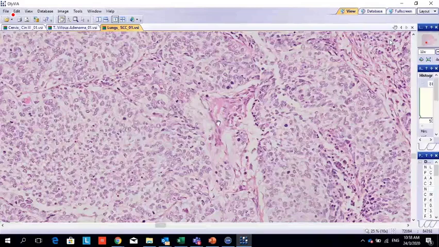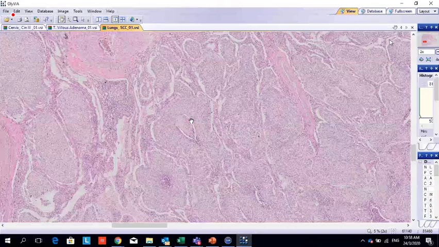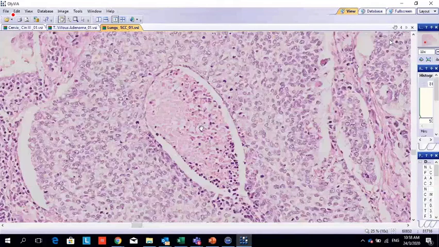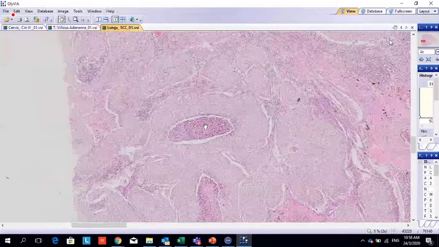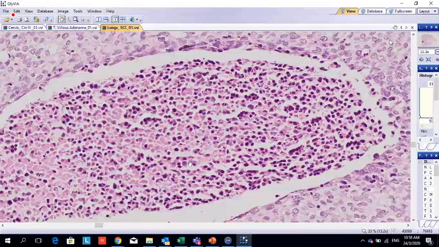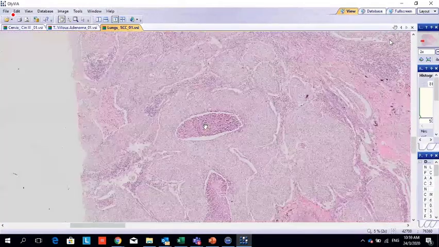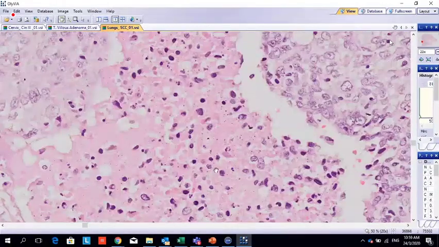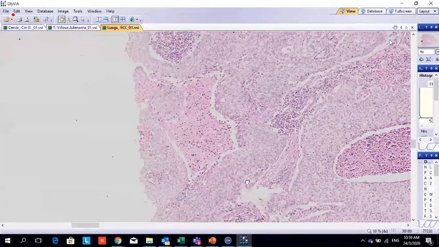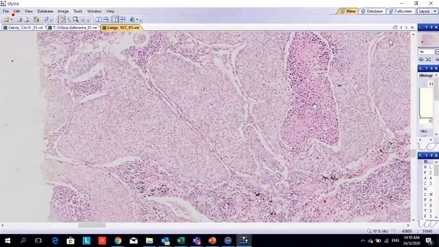Occasional keratin here, and the tumor also shows central necrosis. See, this central necrosis, can you see? The necrotic area is usually invaded by inflammatory cells. Also here, necrosis. See, this is necrosis also.